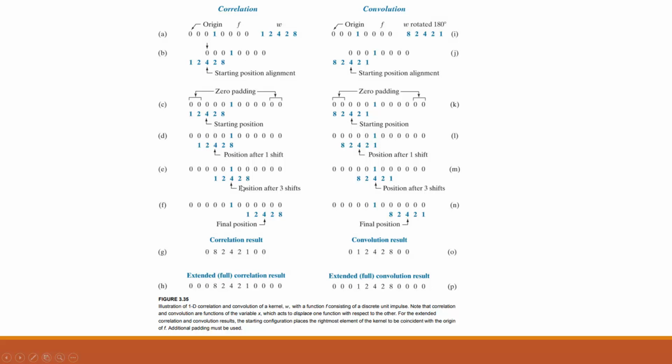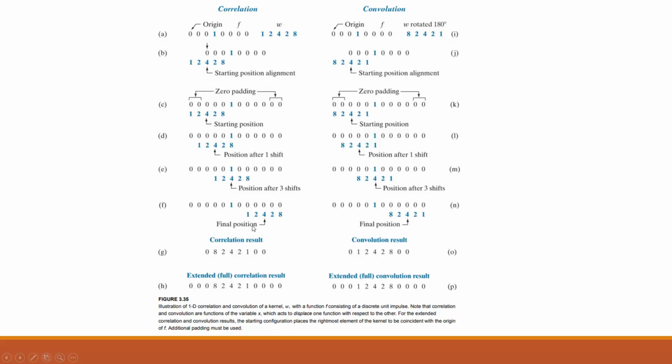Similarly, if we shift 3 positions, now 1 into 0 is 0, 2 into 0 is 0, 4 into 1 is 4, plus 2 into 0 is 0, plus 8 into 0 is 0. So the overall summation is 4. After 8, we move 2 here, then we move 4 here.